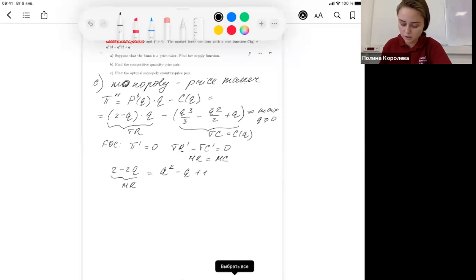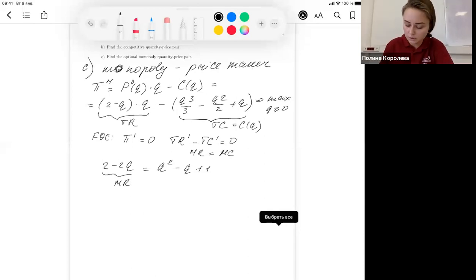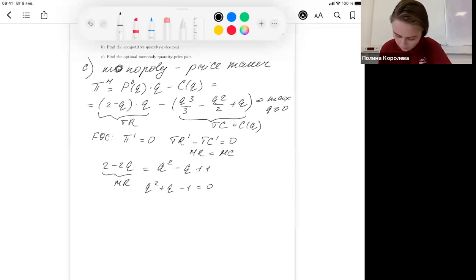So we should solve it, and from here we will find the equilibrium quantity for the monopolist. So Q square plus Q minus 1 should be equal to 0. Yes, a quadratic equation. Am I right? So from here we will have two roots: minus 1 plus minus the square root of b square, 1 square plus 4, over 2.